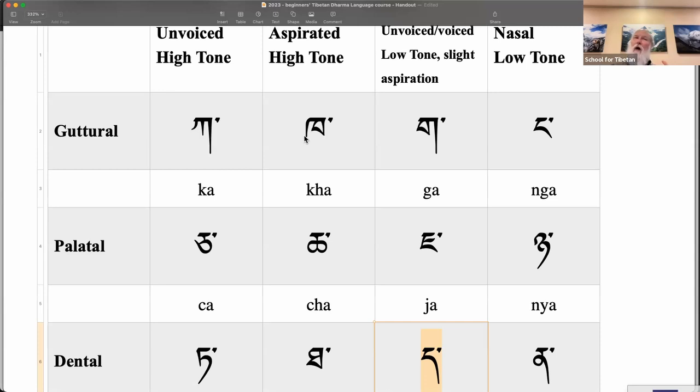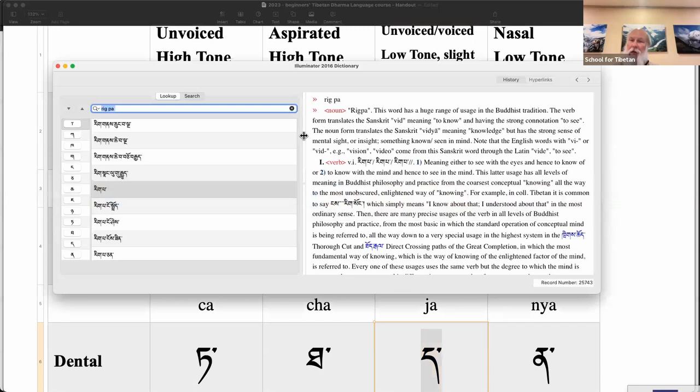So obviously a dictionary should tell you, and the Illuminator partially does that, what a word means in a certain context. For example, some words can mean things in sutra teachings, in Tantra, in Dzogchen, in medicine, in astrology, in logic, and they specialize into having a peculiar meaning belonging to that very context.